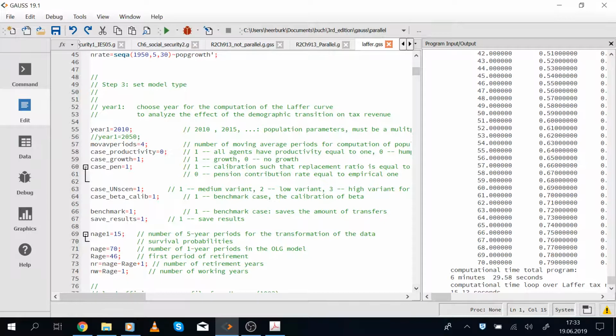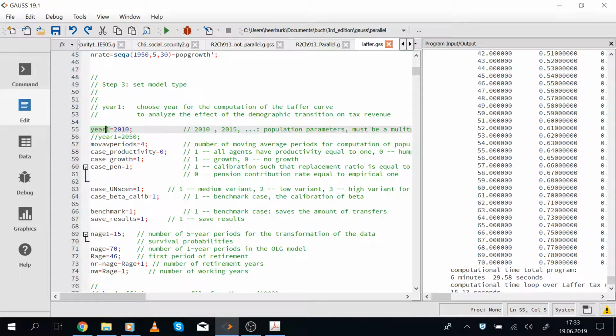So for example, in line 55, we specify the year. We use the demographic data from the United Nations for 2010, but you can also specify another year, let's say 2015 or 2050 in this line, and compute the Laffer curve in the projected years, and see if the fiscal space, for example, shrinks.